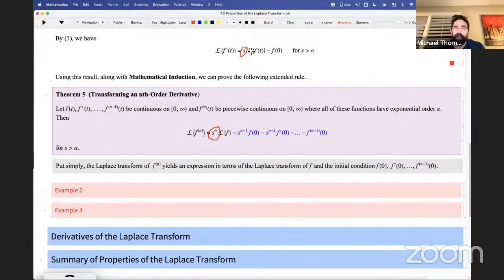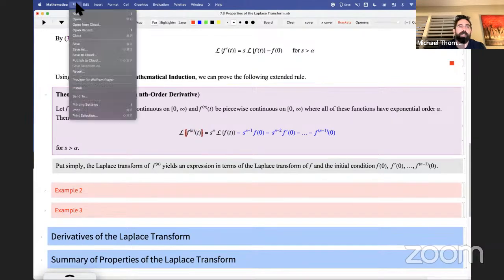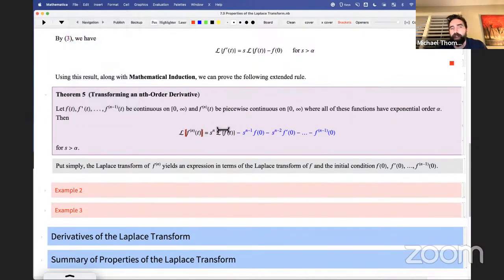The next thing you'll notice is that they both involve f. Sometimes I put in the t, sometimes I don't. I guess I'll put it in here. It's just function notation. The next thing to notice is that you've knocked it down to the Laplace transform of just the original function itself.